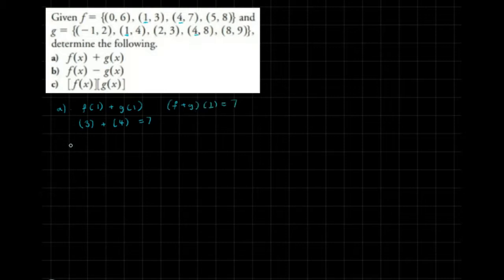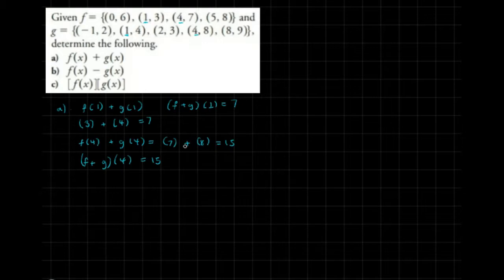We can also add f of 4 and g of 4 as long as the x values are the same. In this case, f of 4 here is 7, g of 4 here is 8. We'll get 15. So f plus g of 4 is equal to 15.